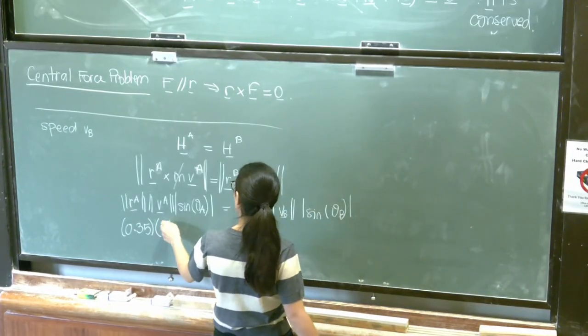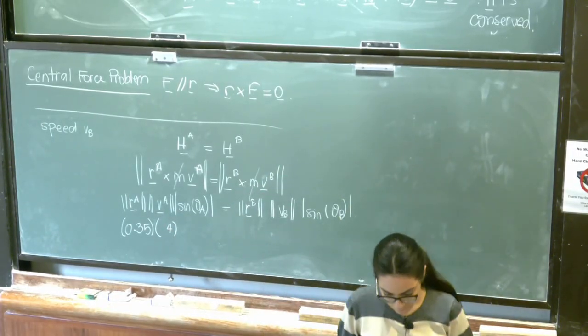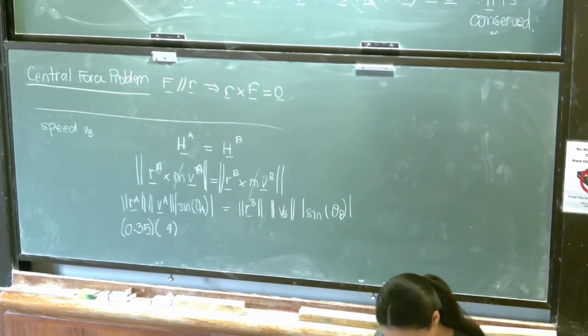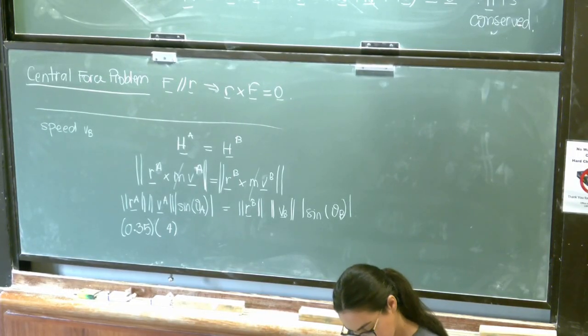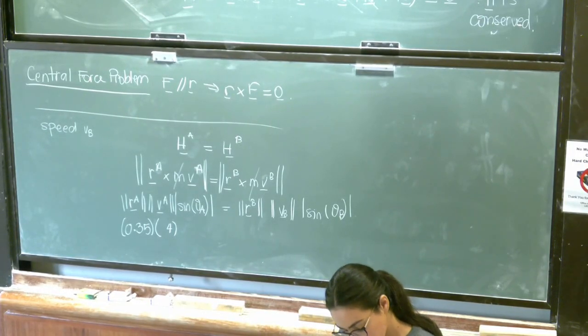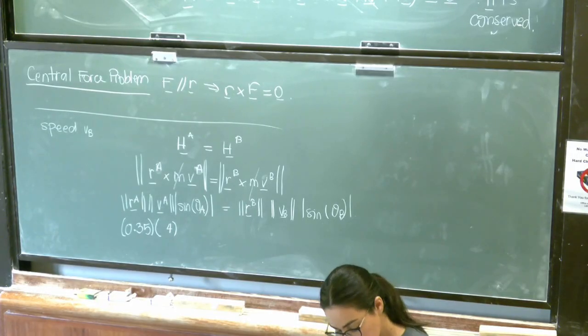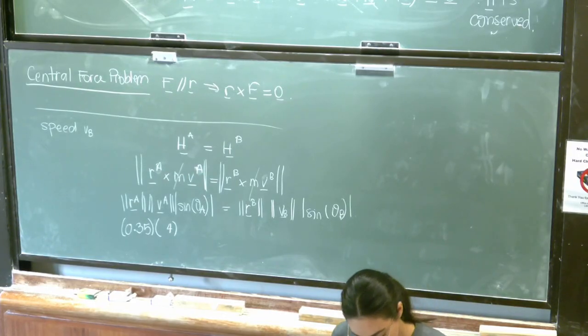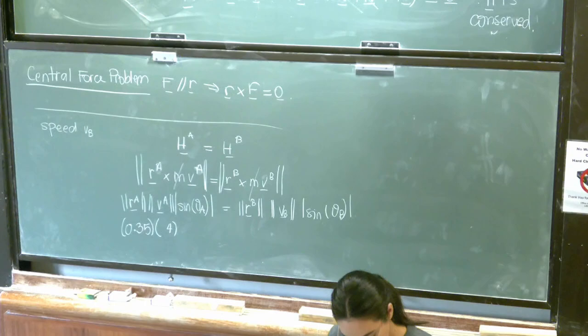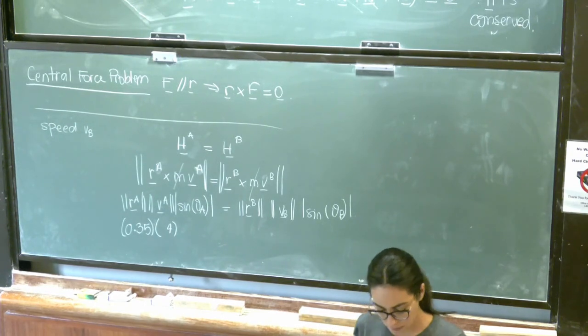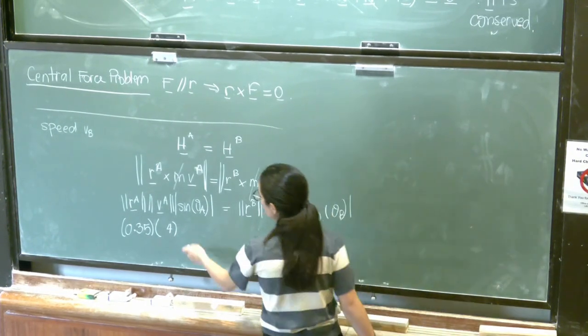What is theta A? 54 is the angle. Well, we're going to take the absolute value of sine 54, which then won't matter, but it's actually pi minus 54. Anyways, since we're taking the absolute value, it doesn't matter.